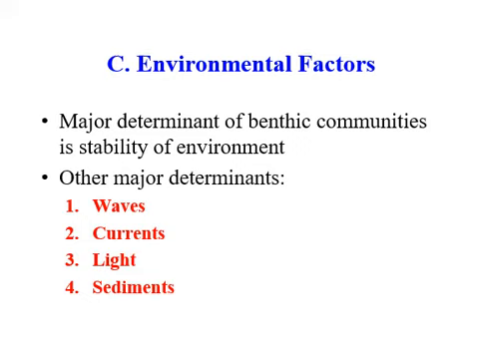In a little while, next week, when we talk about the open ocean, you have to think back to the properties of seawater, movement of water, and how that translates into the organisms that you find in continental shelf waters versus the open ocean.